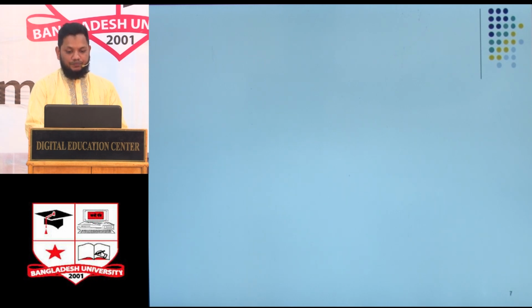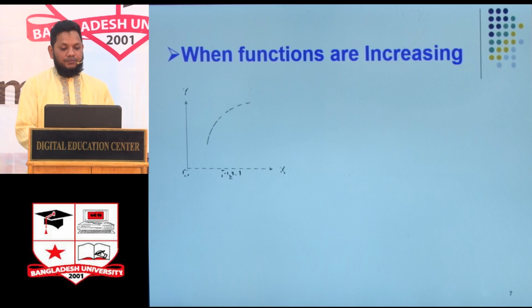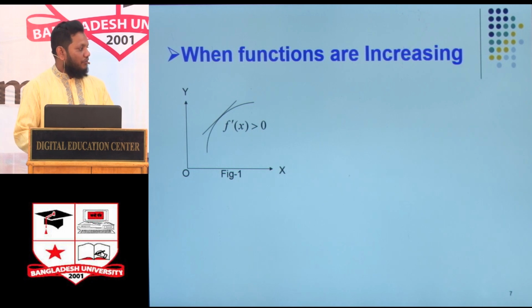Okay, so now we'll discuss when a function is increasing. You see, if we consider a function, there is a curve, a function of x, and if we draw a tangent at any point in this graph, the slope will always be positive, because this tangent makes an angle with the x-axis between 0 and 90 degrees.